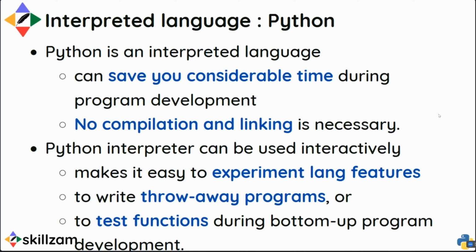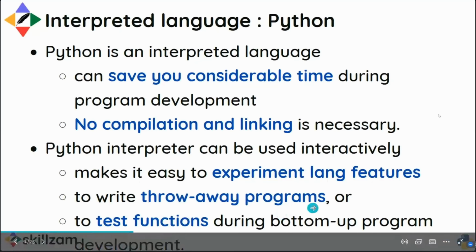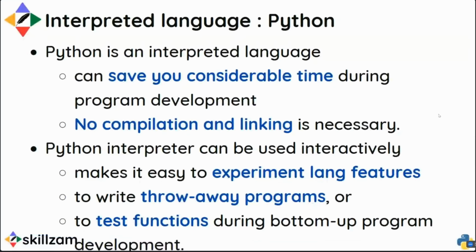There is less turnaround time for developing and executing programs. You can experiment with multiple language features and write throwaway programs. You can just write the programs, test them fast, and deploy them very easily and quickly.